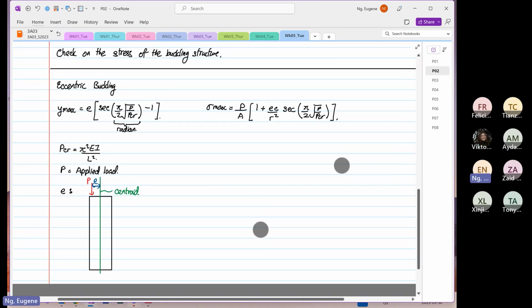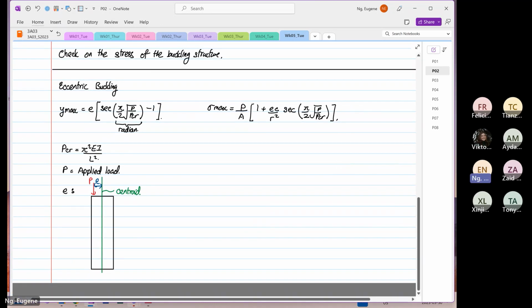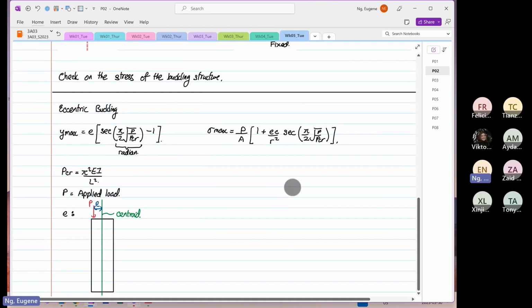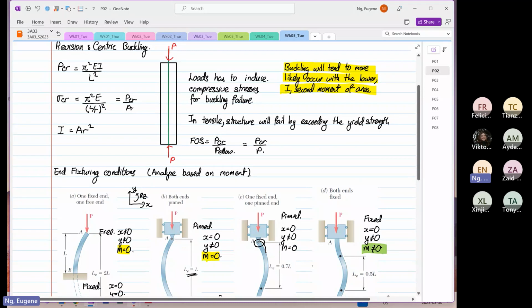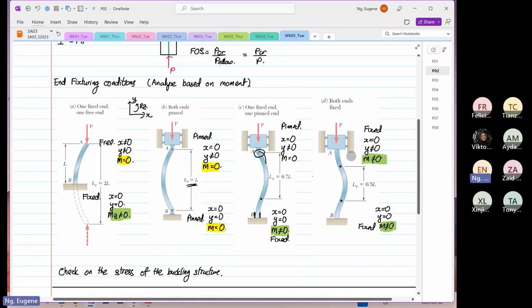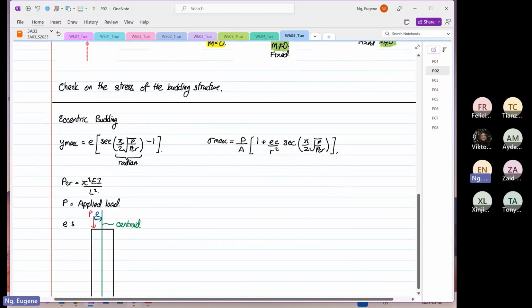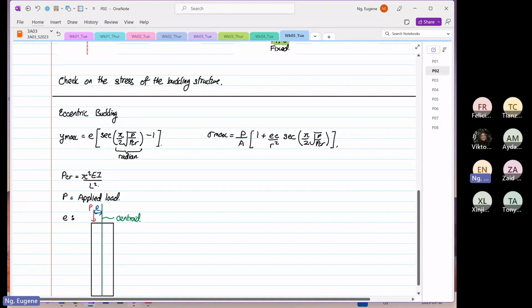So these are the two key formulas. The rest of the formulas you can still adapt, like PCR is pi squared EI over L squared, and the rules still apply. This is just a subtopic, which is eccentric loading.